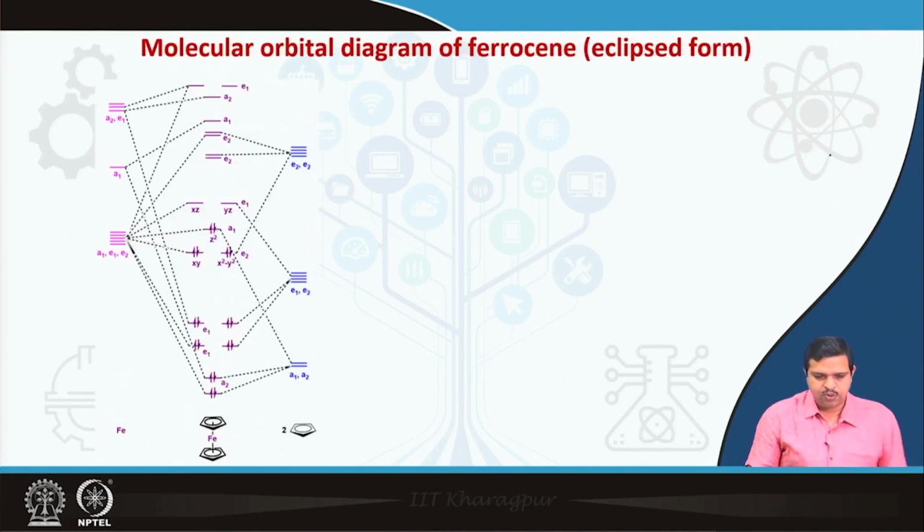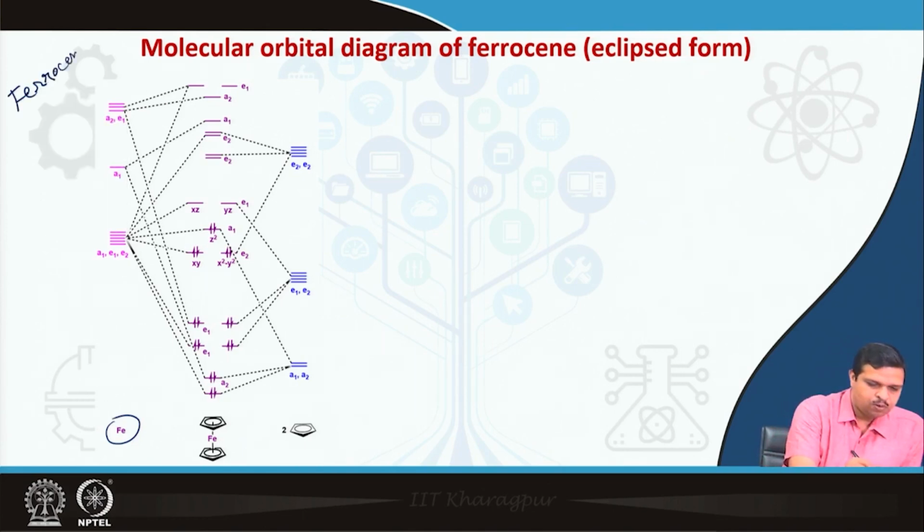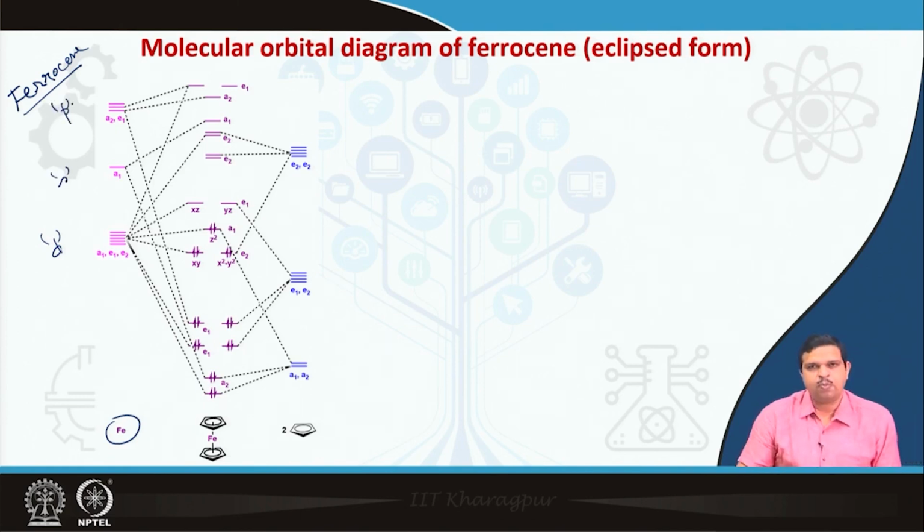Here you see these are the iron, if you consider the ferrocene, so these are the iron d orbitals, these are the s orbitals, and these are the p orbitals.